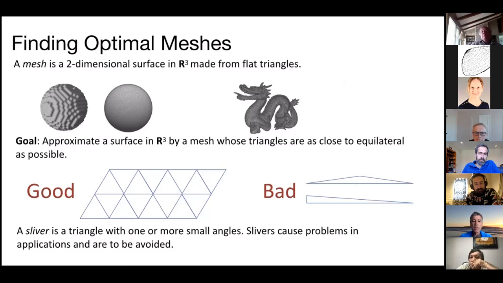And this comes up in many applied math problems where you simulate, you model a surface and you want to avoid these slivers. For example, if you're modeling airflow over a surface, these sliver triangles are very bad for numerics of PDEs that model dynamic fluid dynamics.